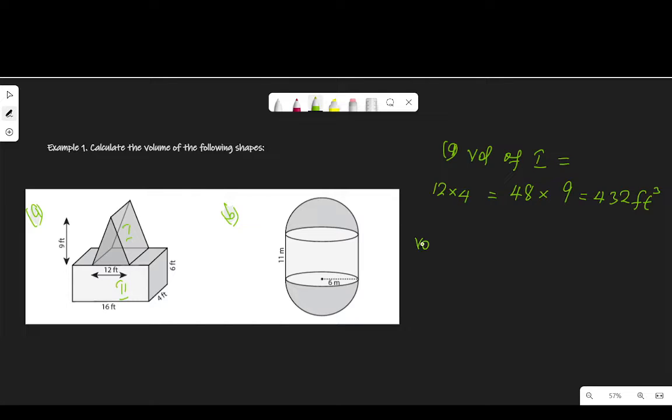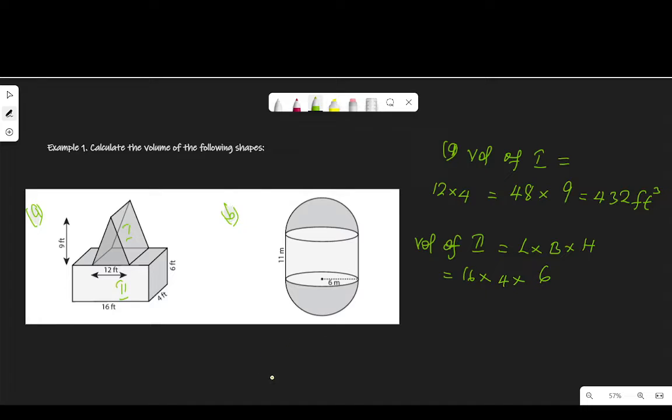Now, volume of the prism below, which is a rectangular prism or cuboid, let me call it volume of 2. Volume of a cuboid is length times breadth or width, then times height. The length here is 16 feet. 16 multiplied by the width, which is 4, and the height, which is 6.